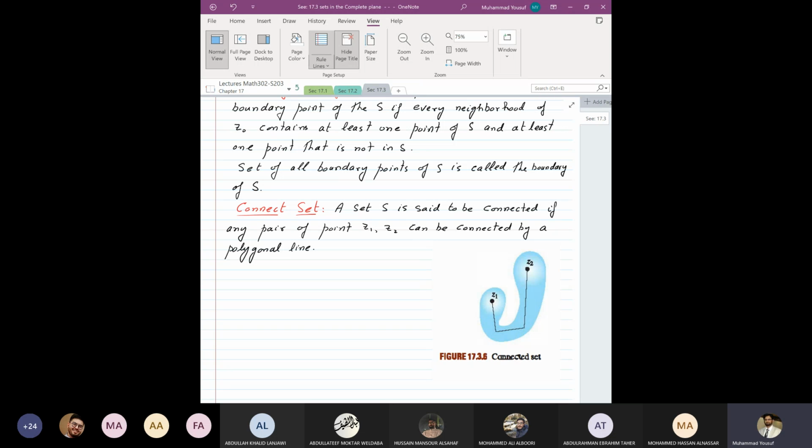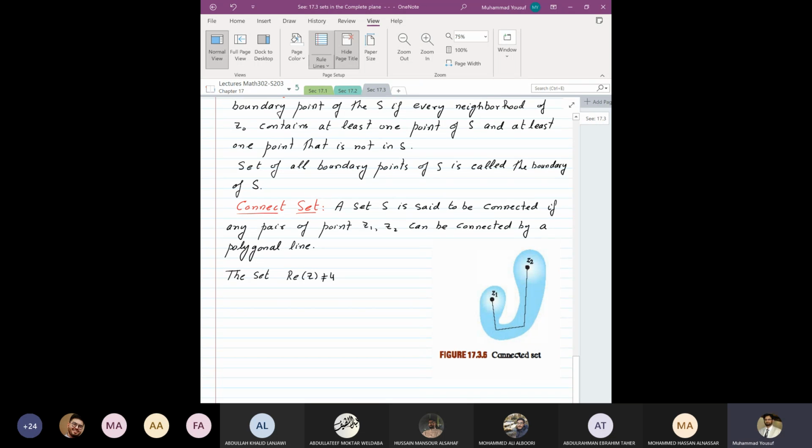The set Re(z) not equal to 4 is all points in the complex plane, but not on the line.